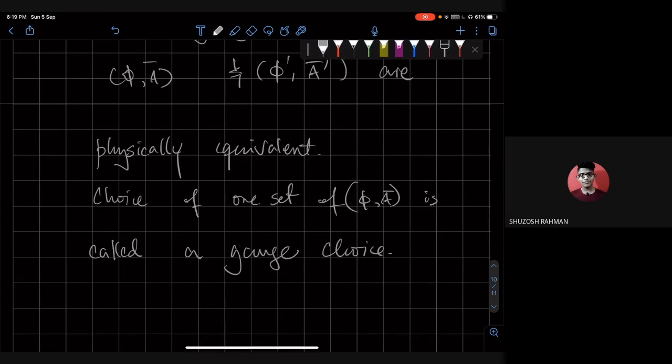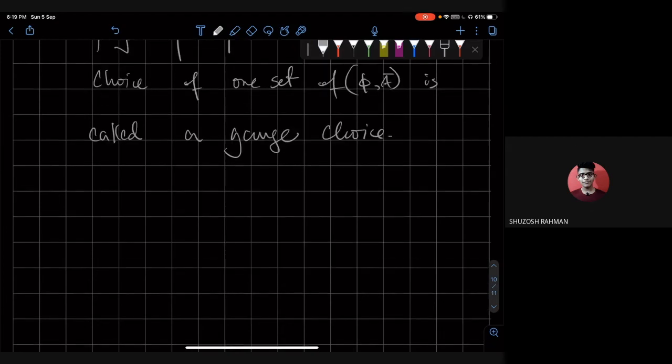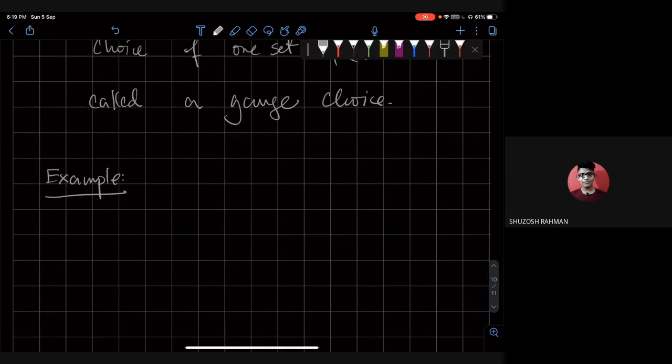Okay. So let me give you an example. And let's conclude with this example. So consider a magnetic field which is in the k direction, a constant magnetic field in the k direction. So Bz is constant, okay?